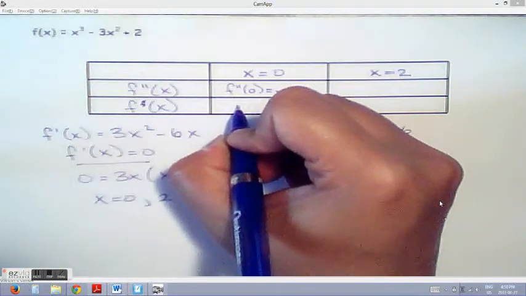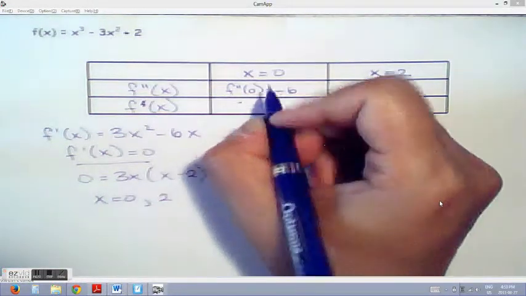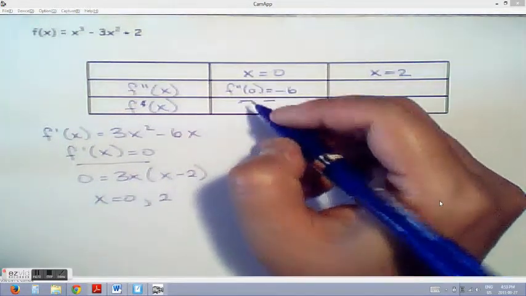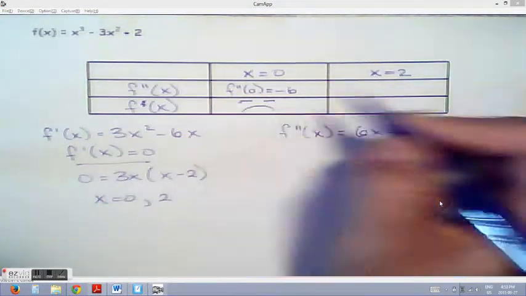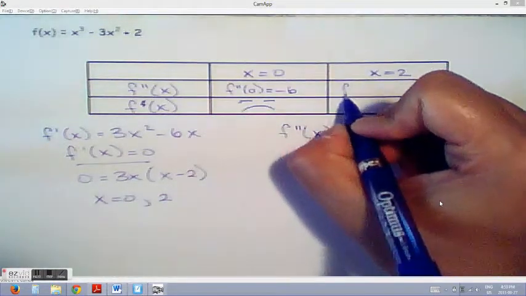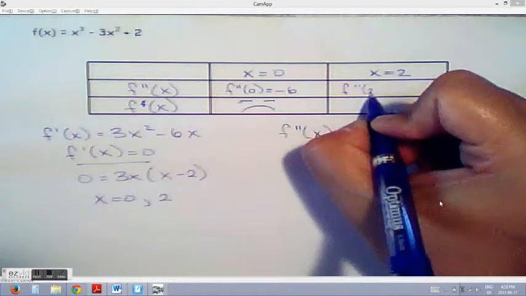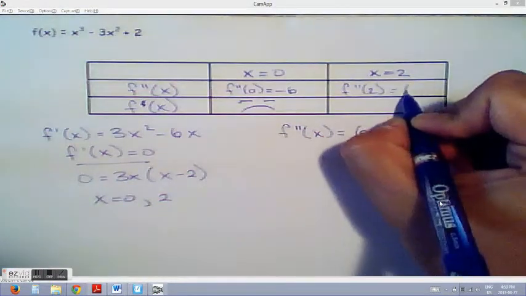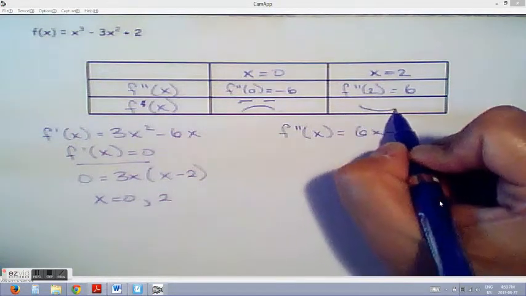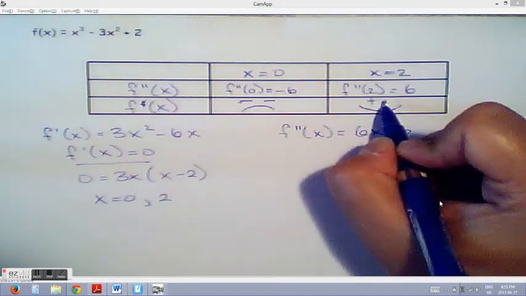Remember what I had said before, we have negative values for our second derivative, so the function is concaving down, which means we have a local maxima. Let's look at x is equal to 2. I'll put that right in, and that gives us positive 6. So it's positive, concaving up, so we have a local minimum.